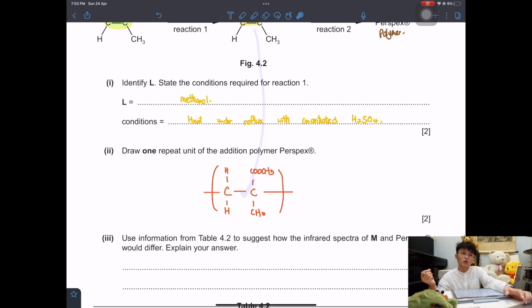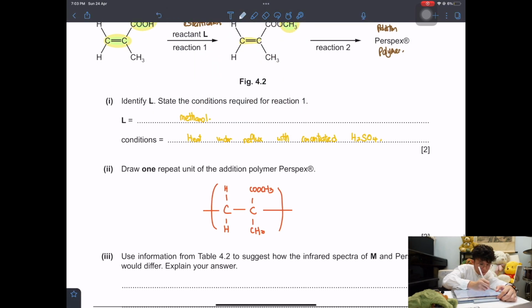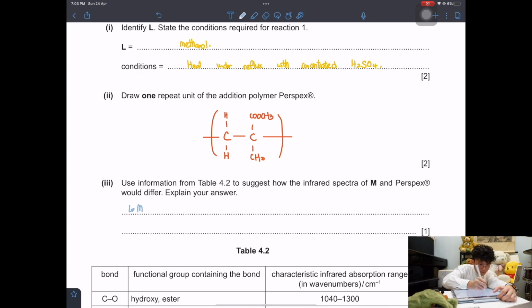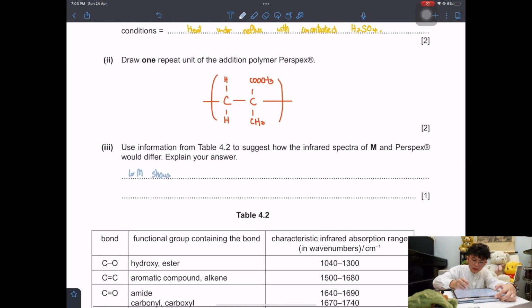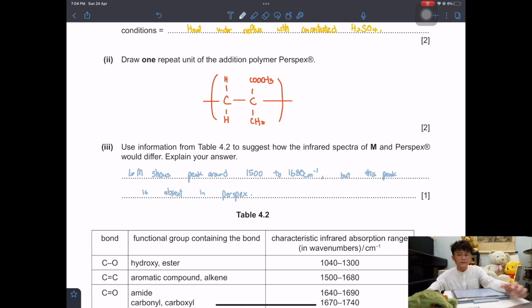So for M, it shows a double bond peak around 1005 to 1680. But this peak is absent in Perspex, right? That's it. No problem.